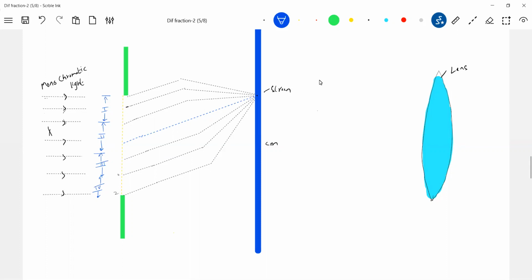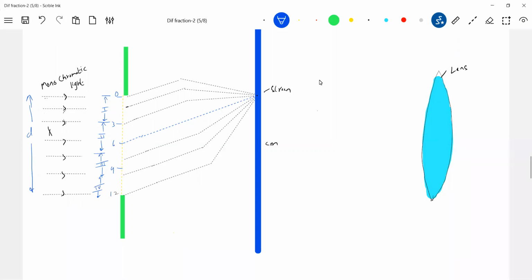Now again, the width of the slit I'm not going to change. Please keep this in mind. So now this will be 0, 3, 6, 9, and this is 12.